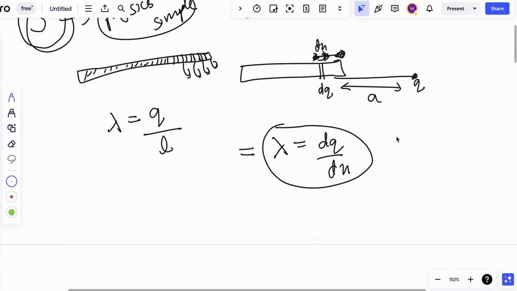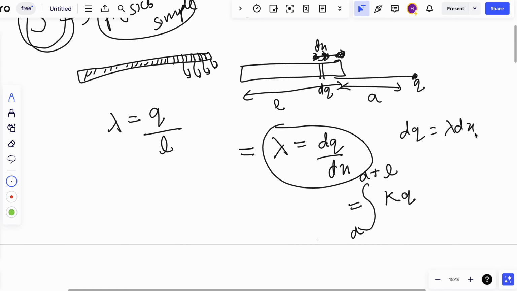So what will the formula be for this element? It will be the integration from a to a plus l, because this is of entire length l. K is the formula constant. Q times dq, since we have to find the force. What is dq? dq is equal to lambda times dx.